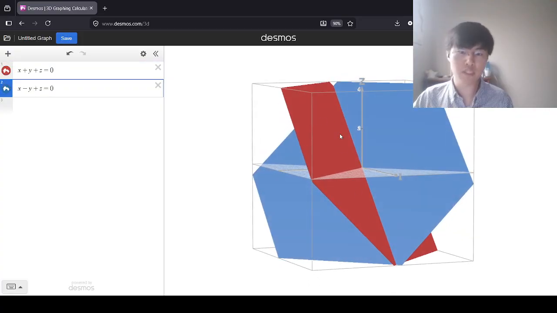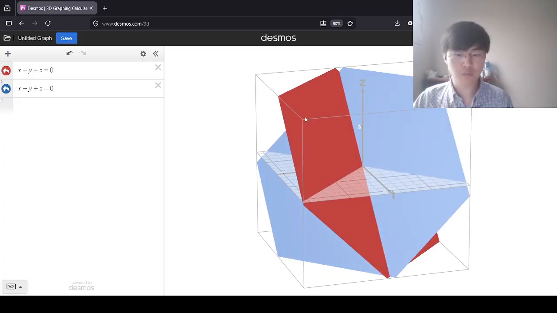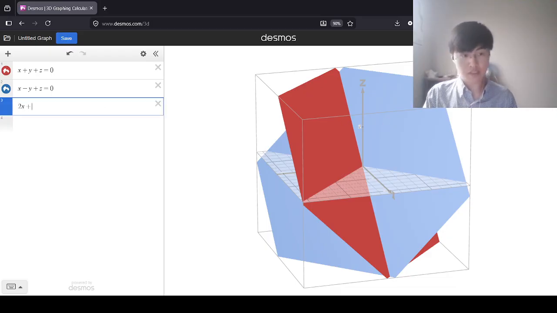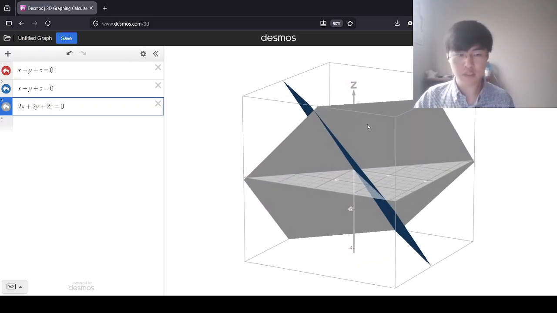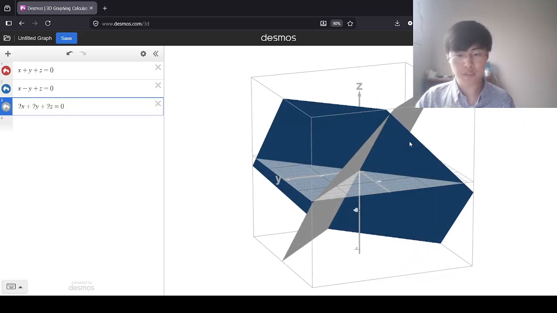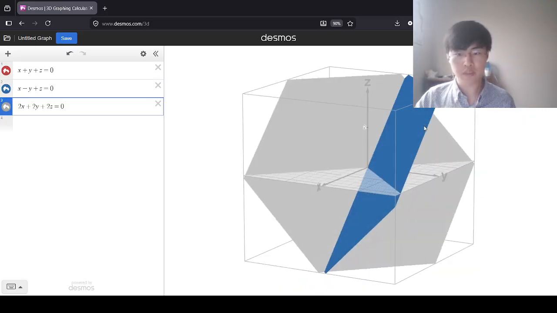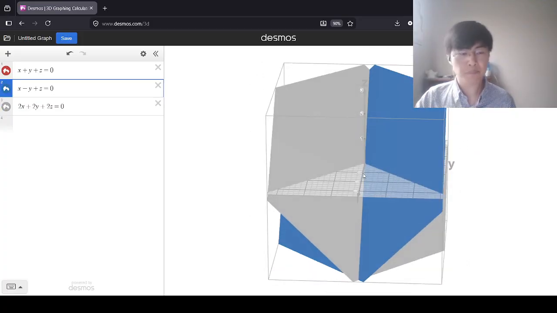Because that's the only thing that could still be the same if I were to add something new. Well, what if the plane I added was the same as one of these? What if I said 2x plus 2y plus 2z is equal to 0? We notice that this plane is exactly the same as the first one. That's why it overlaps it. This would cause me to get the same line.